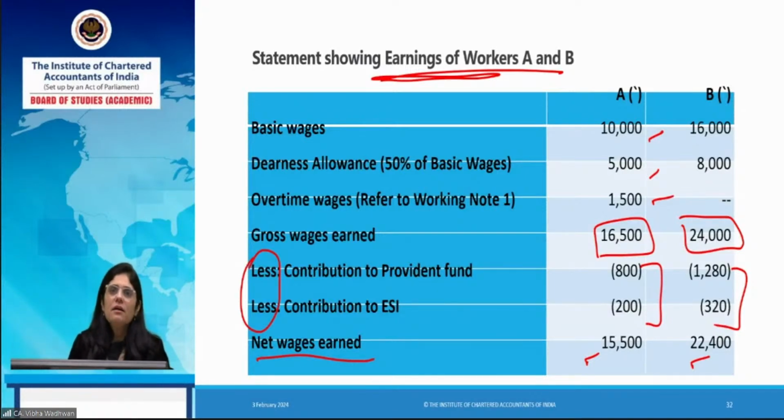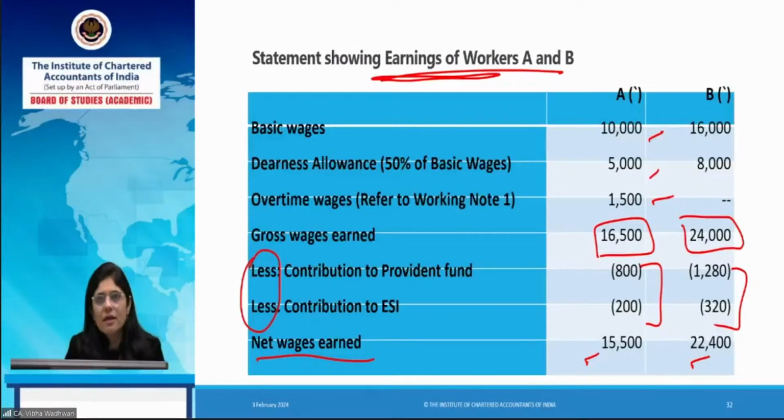Let us say the company is giving transport facility to the employee, and the cost of that transport facility is 5,000 to the employer. So 5,000 is the cost to the company. It will not be earnings of the worker because it's a free facility given. So that's why cost to the company is a better way to understand than earnings. Cost to the company is much more than the earnings the worker is taking along with him.